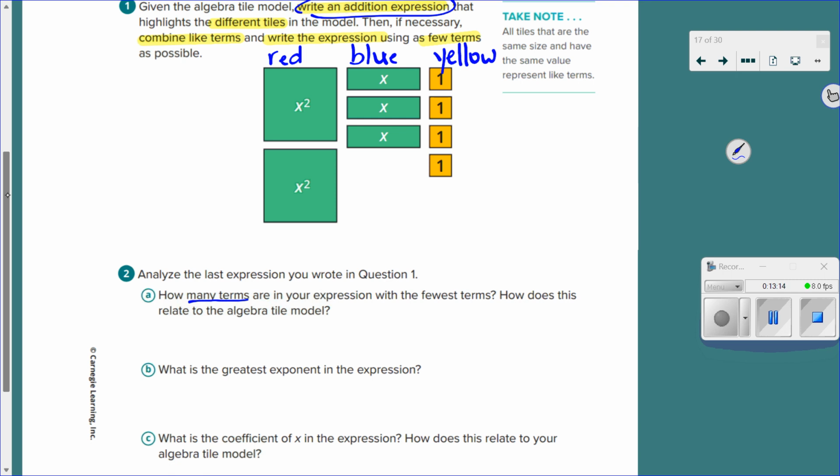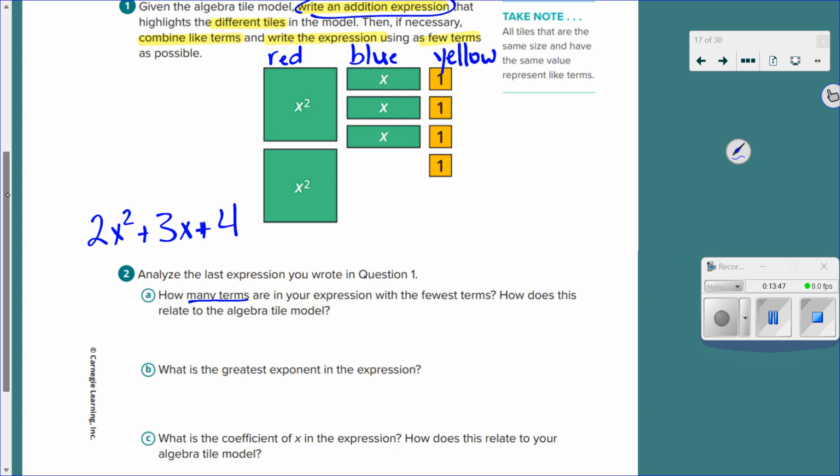Second power. 2x squared plus how many x's? Plus how many constants? 4. So when I write my expression off that model, this is what it looks like.